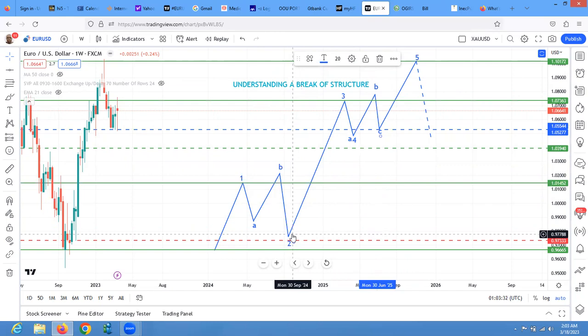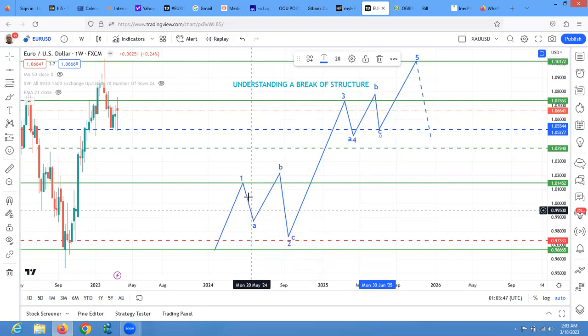B is always 3 waves. C is always 5 waves. B is always 3 waves. Not X. X is another thing entirely. Then A can be either 3 or 5 waves. B is always 3 waves, and C is always 5 waves.